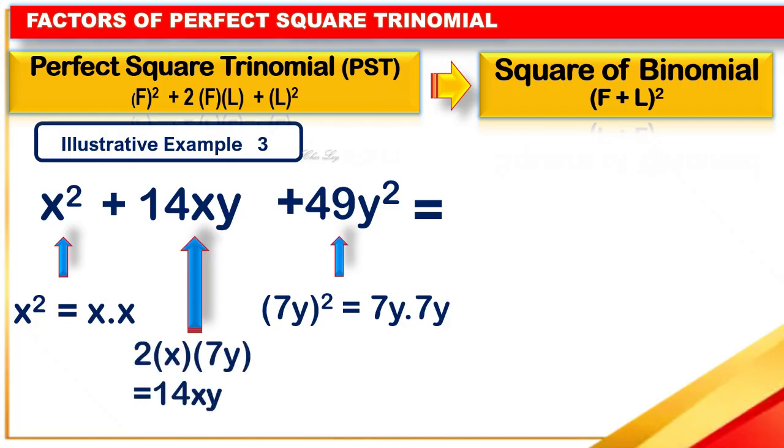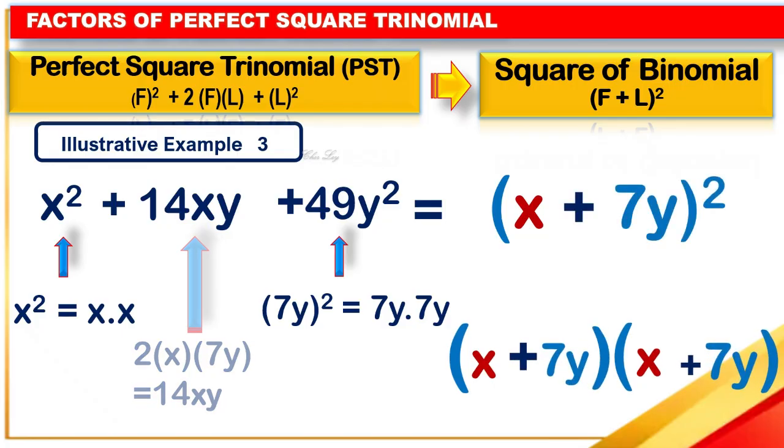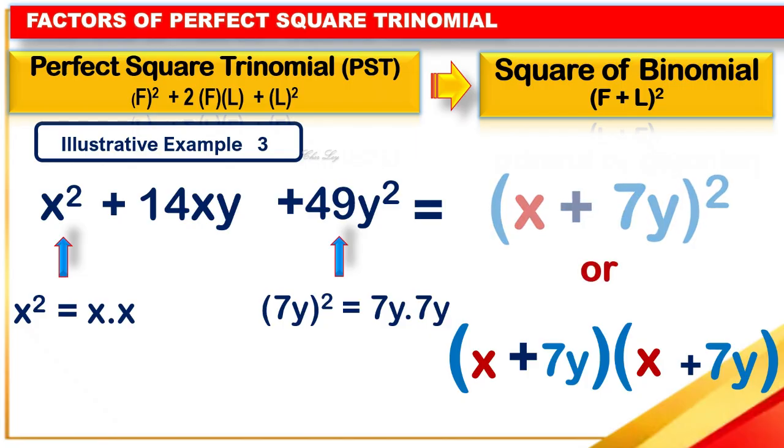Checking the middle term, x times 7y is 7xy, times 2 is 14xy. So we have a perfect square trinomial. Writing the factors following the pattern, the first term is x and the last term is 7y. So we have the quantity x plus 7y squared, or x plus 7y times x plus 7y, which is the square of a binomial.